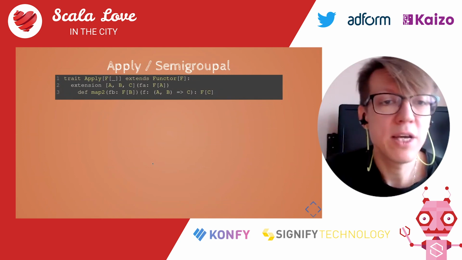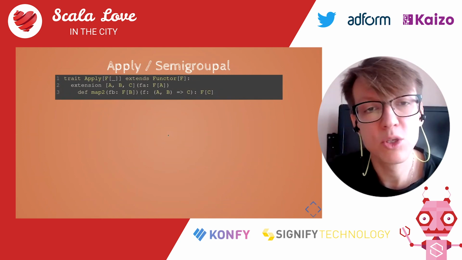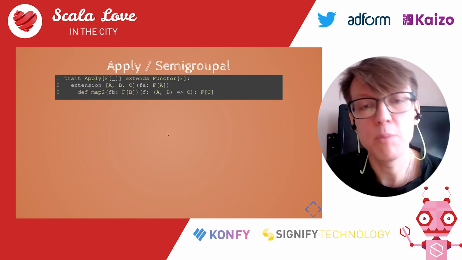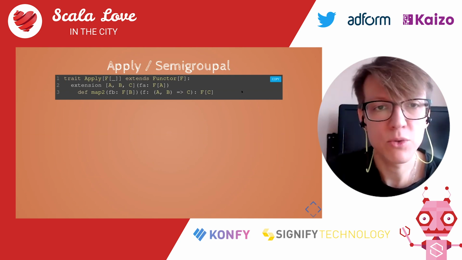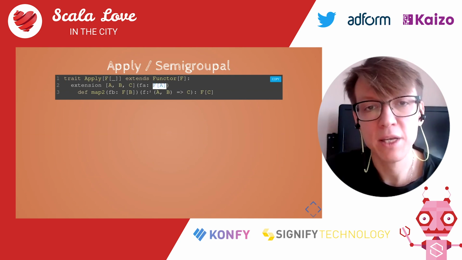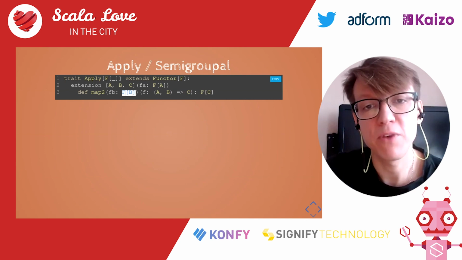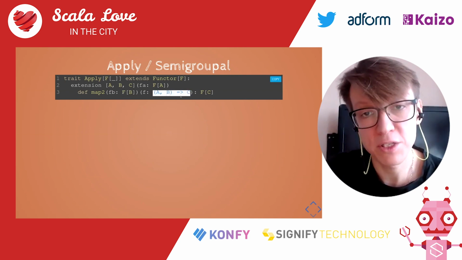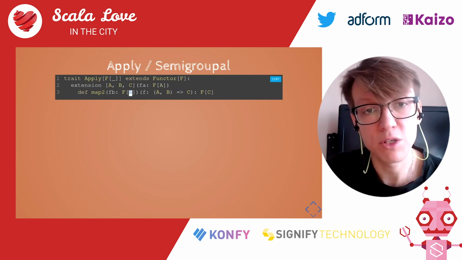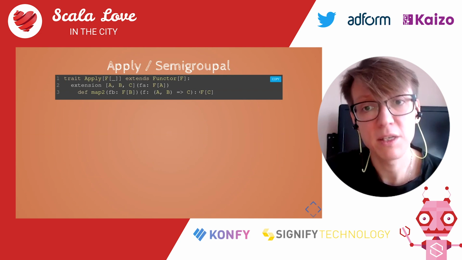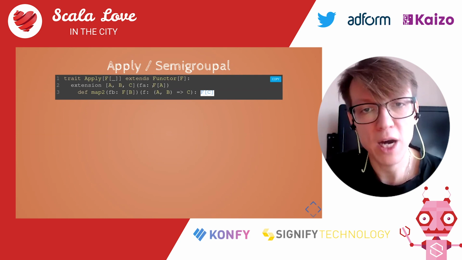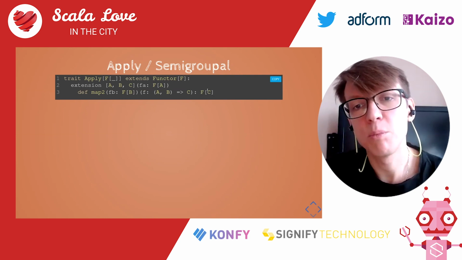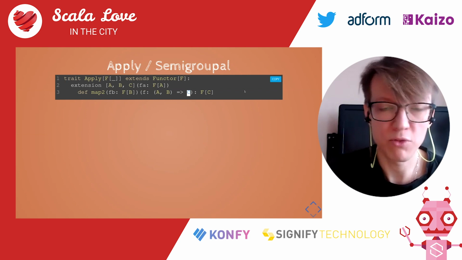Next, the super important and super cool abstraction called apply or semigroupal functor. A semigroupal functor can combine two elements of the same functor using some function from the types of arguments of these values, and it can combine them into a single value of our type constructor applied to the result type of our function.